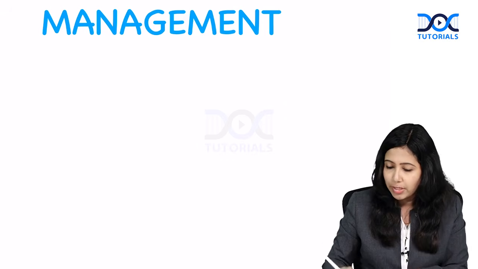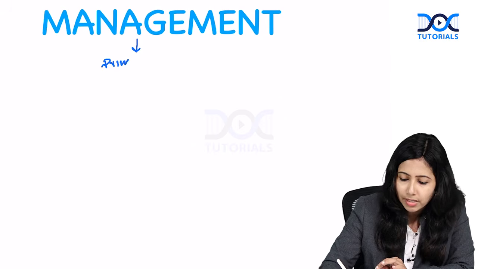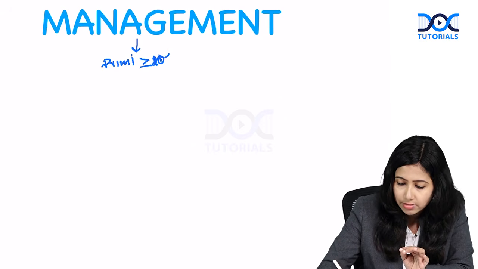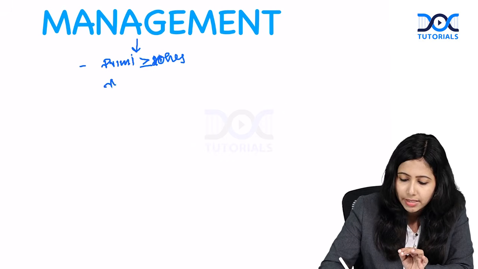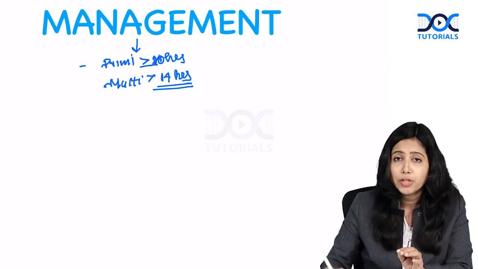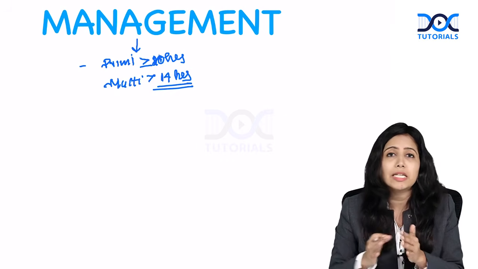Suppose in a primigravida the latent phase is more than 20 hours, and in multigravida more than or equal to 14 hours, and during this time she is still less than the active phase dilation.